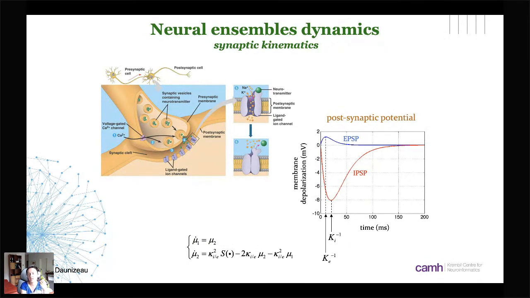And of course, if we look at the physiology in great detail, we have very complex things going on. So we have fast kinetics of membrane potentials, different conductances based on the different ionotropic and metabotropic receptors.